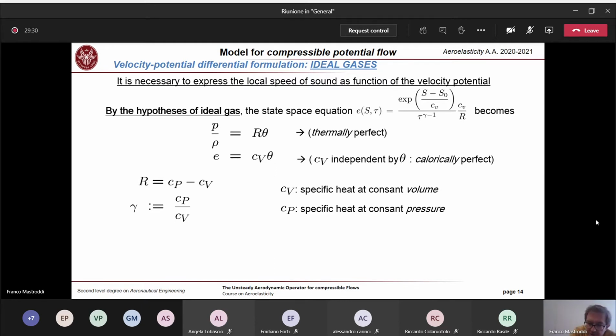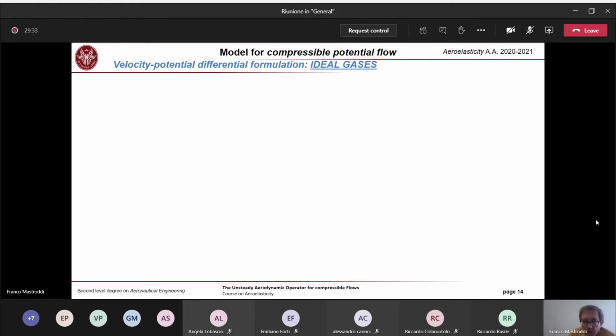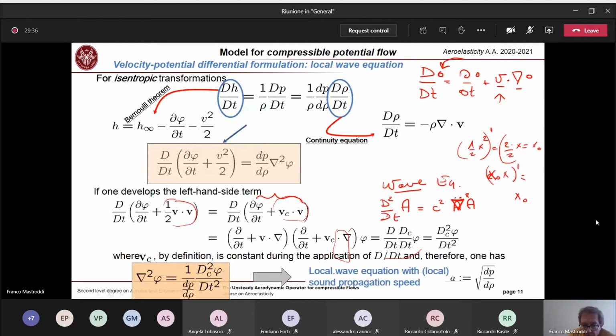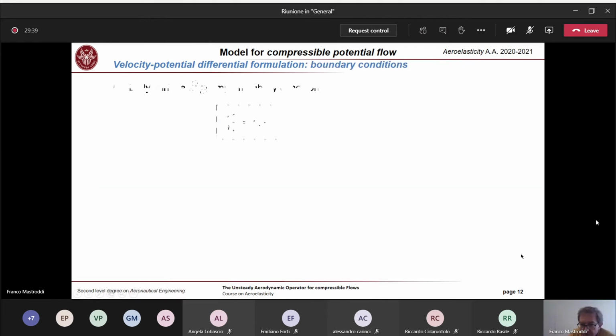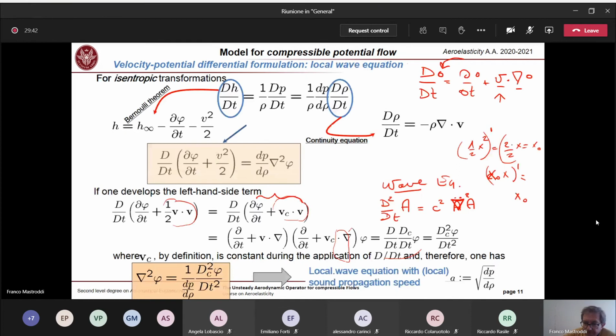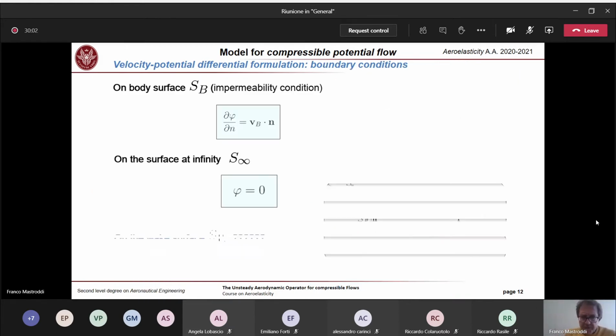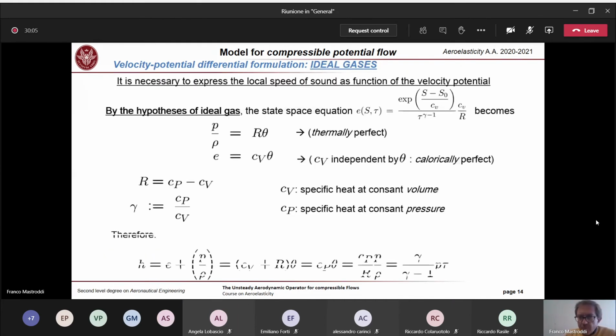We have to express this quantity A as a function of phi in order to complete this equation as a unique equation with a unique unknown in terms of velocity potential. In order to do this, we have to consider our state equation for the gases. And remember, for perfect gases, thermally and chemically perfect, we found these two relationships.